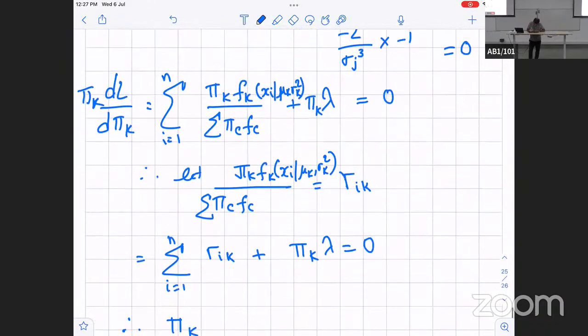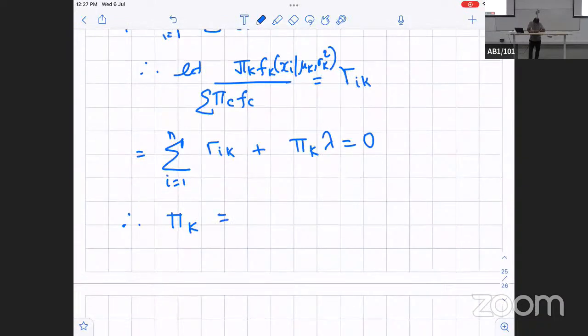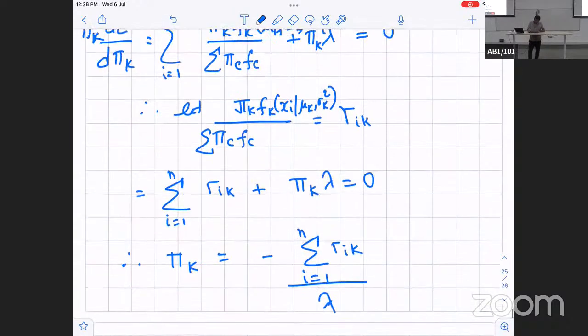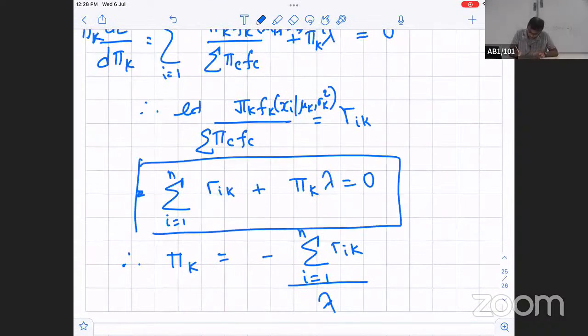So pi k is equal to negative summation i equal to 1 to n gamma i k by lambda. This is true for all k.